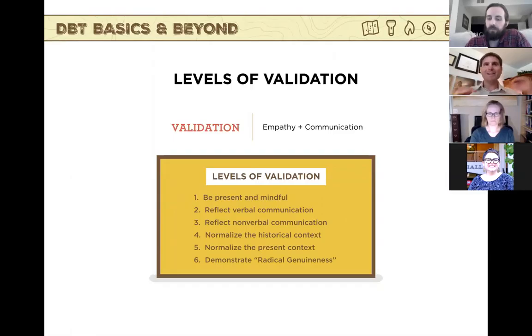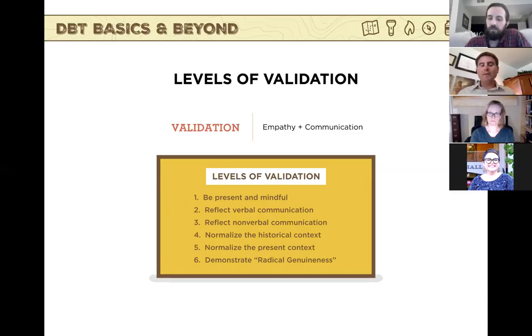Going back to that balance. So even though the model focuses on skills work, we cannot forget that the most important ingredient is still our relationship with them. So Marshall Linehan lays out these 6 different levels of validation.